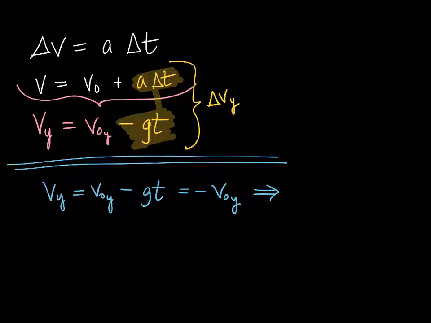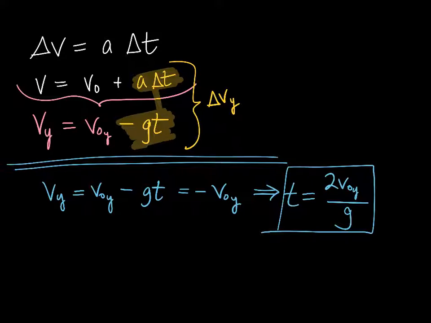Well, guess what this does for me? I'll spare you all the algebra. This means that time, I can just pull time out, all right? And it's going to be 2 v naught in the y direction over g. I can get away with that murder.